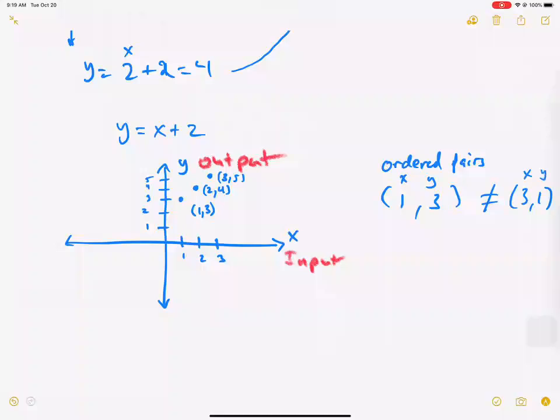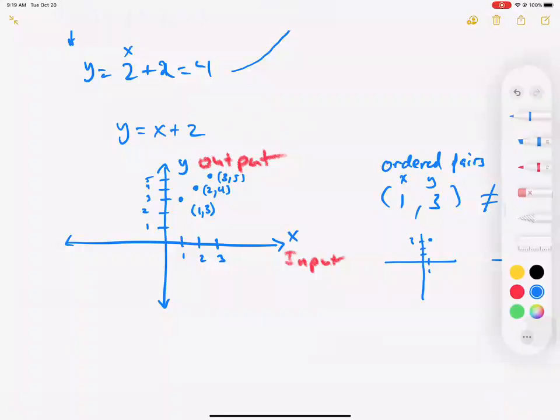If x and y are an ordered pair, 3, comma 1 is actually a totally different position. 1, 2, 3 x's and 1 y, versus 1, 3. X is 1, y is 3. These are totally different points here.